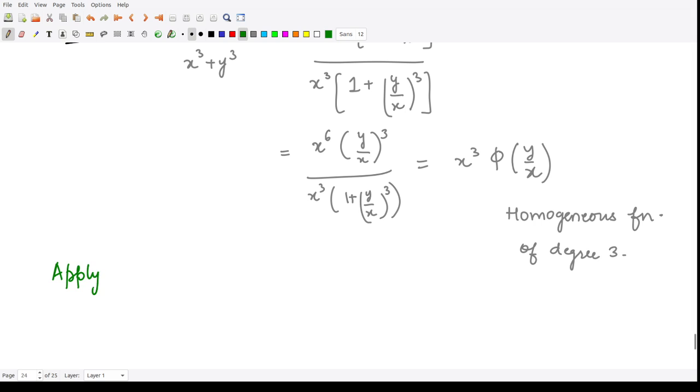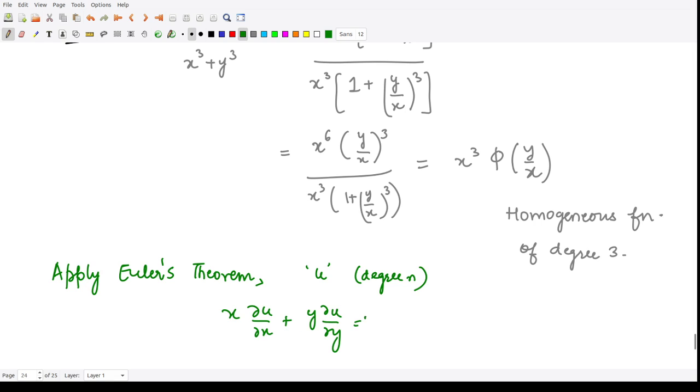We can apply Euler's theorem, which states that for a homogeneous function u having degree n, x into del u by del x plus y into del u by del y is equal to n into u.